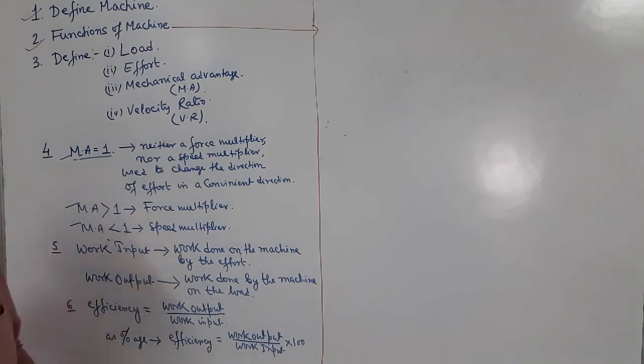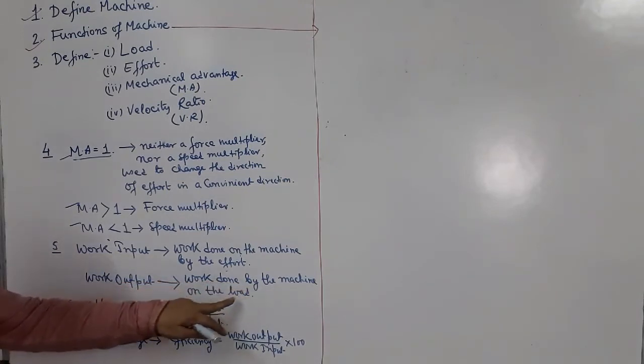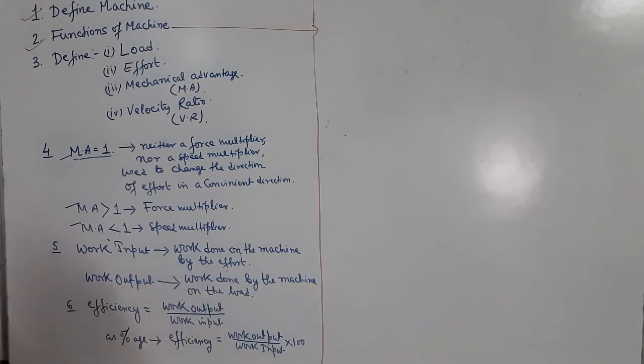That work done on the machine by the effort, we say as work input. And work output means what? That is work done by the machine on the load. So the work that is done by the machine to overcome the load is called work output.